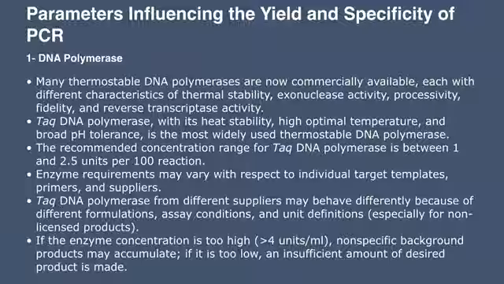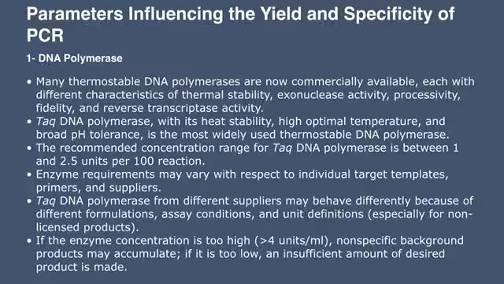Parameters influencing the yield and specificity of PCR. Number 1. DNA polymerase. Many thermostable DNA polymerases are now commercially available, each with different characteristics of thermal stability, exonuclease activity, processivity, fidelity, and reverse transcriptase activity.